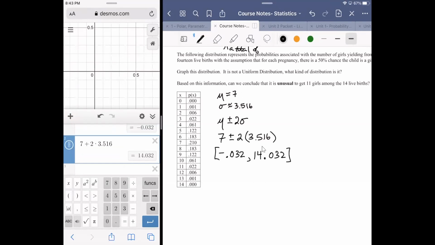All right, so that gives you the interval of usual values. What it's saying here is that it's not unusual to get values in between negative 0.032 and 14.032.